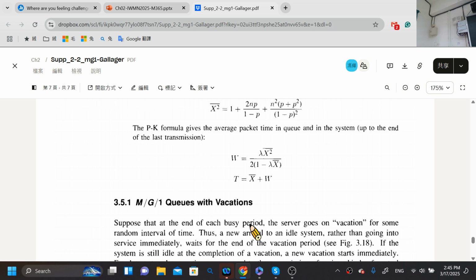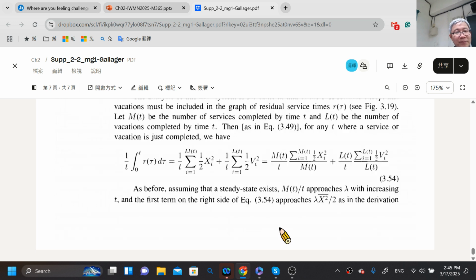So very true. If you want to make it a real life application, you can try to include a model with several vacations. So yes, you can extend further, but I just truncate the remaining one and let you know the title. So if you are interested in this one, you can try to check that one.